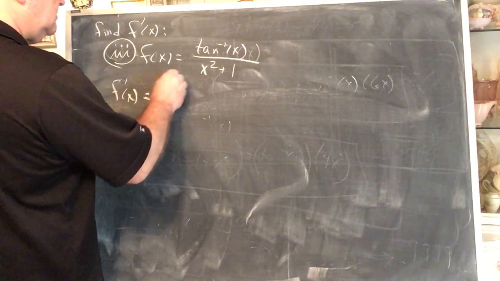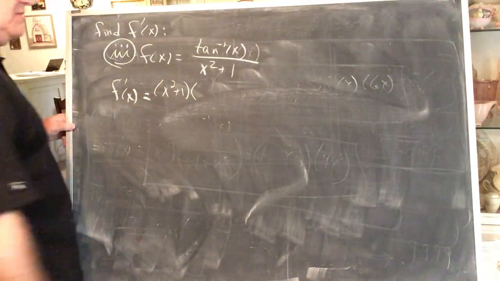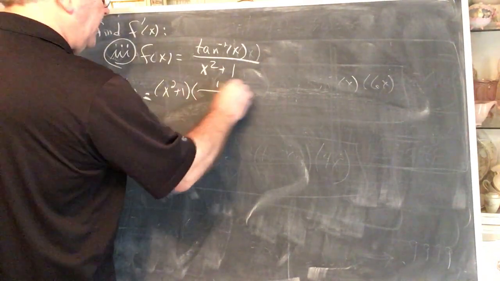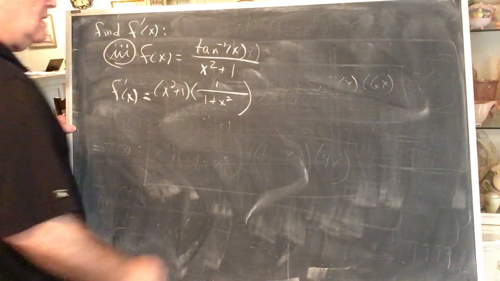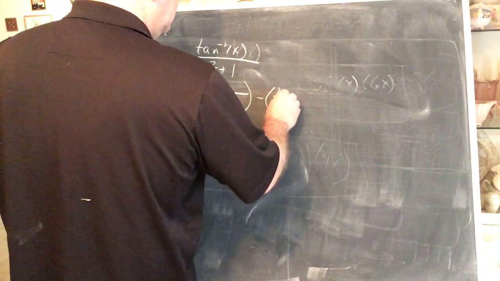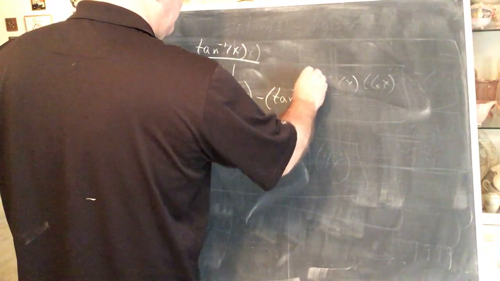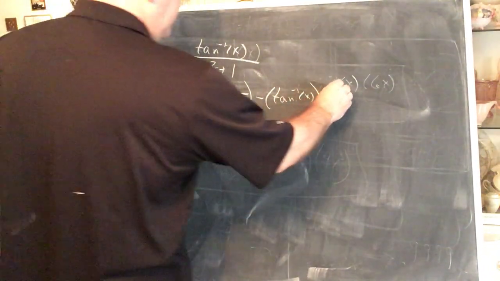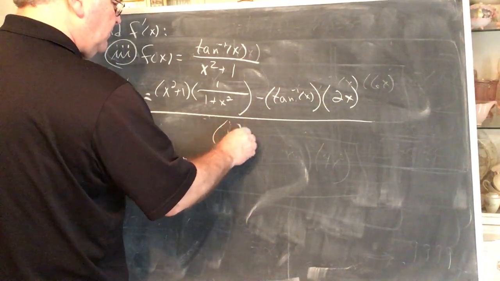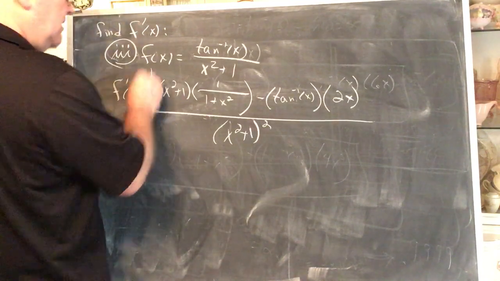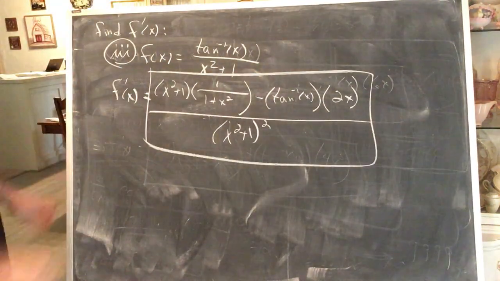Denominator times the derivative of the numerator minus the numerator times the derivative of the denominator, all over denominator squared, and thanks for coming out.